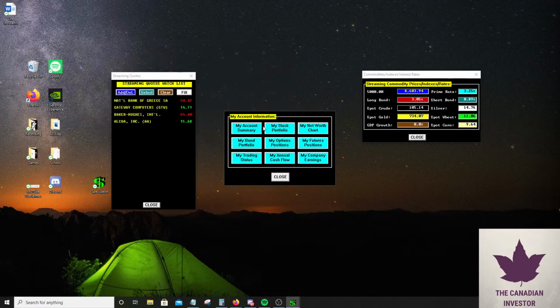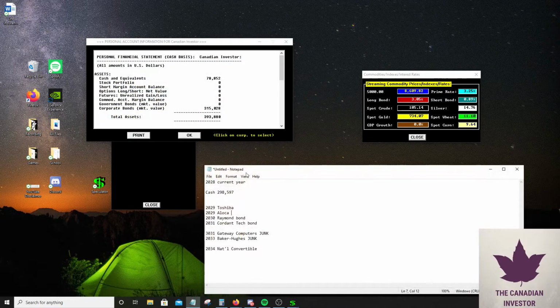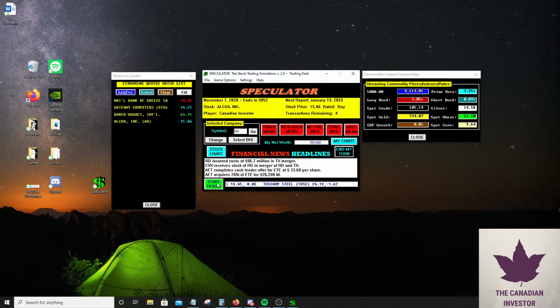So right now we have a little bit of liquidity. We have $78,000 just sitting in cash, which I have plans on deploying if I find a good deal with long-term bonds, or if I find a good corporate bond that pays a lot. But at the moment, I'm just going to keep it in cash.